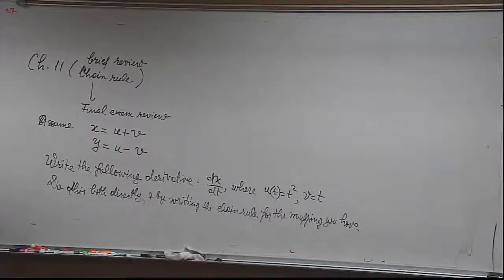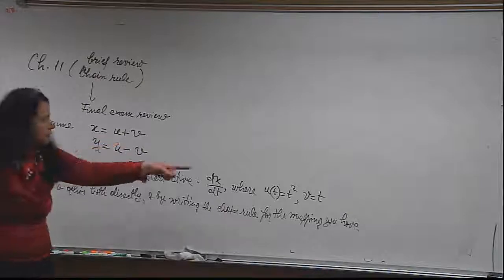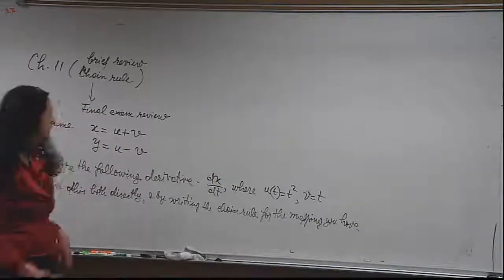Okay, how do we do this directly? It's probably the simplest way. Replace u by t squared, replace v by t and see what you have.